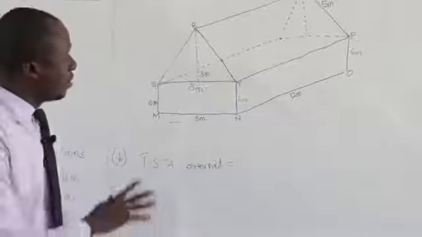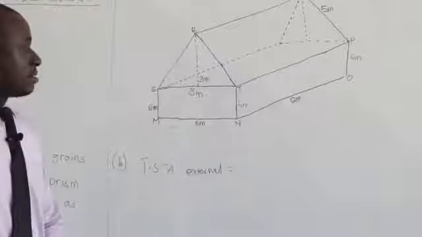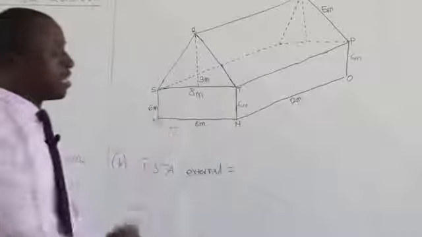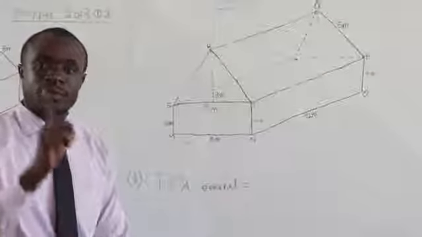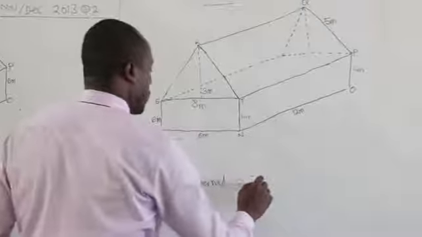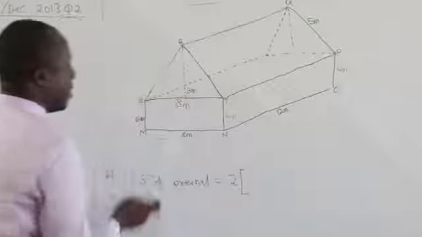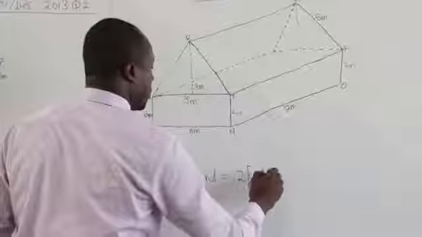Clearly, we can see that this side is the same as the other side. Now, this side is made up of two things: a triangle and a rectangle. So I'll bring a factor of 2 outside. Now, the area of the triangle is half times the base.